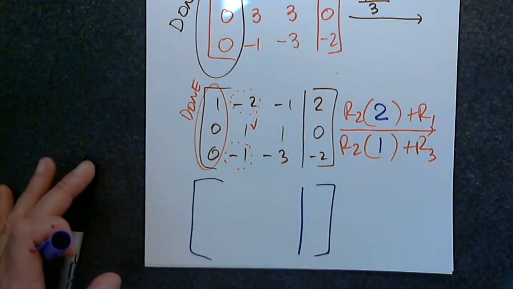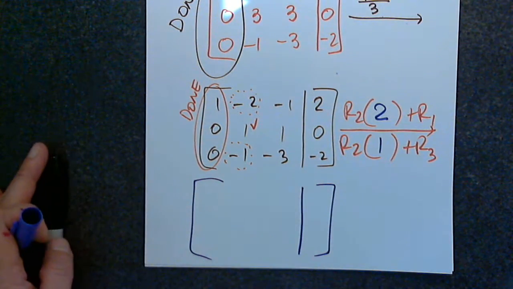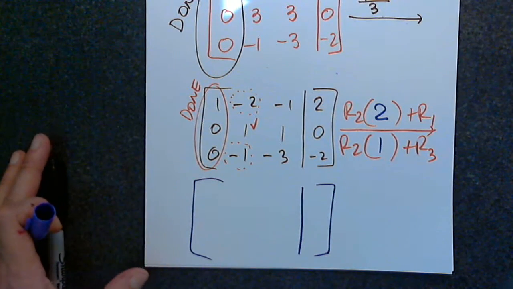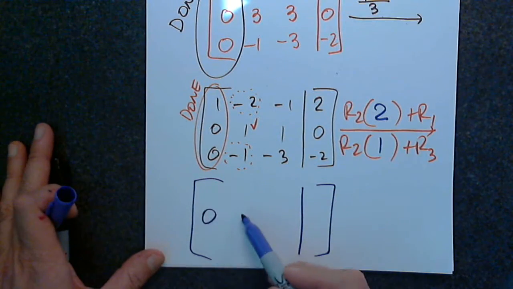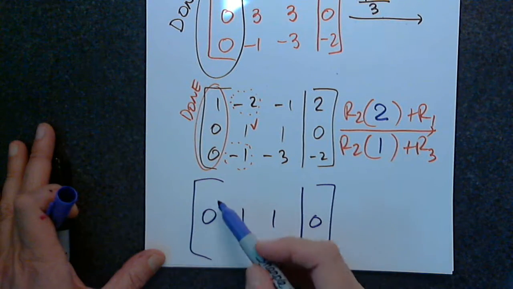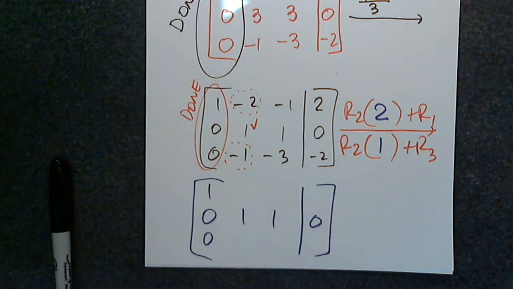Because we are using it and it cannot change at this point. Row 2, the one that we're using. And of course, the first column has to be carved in stone. If I go back and I perform an operation that destroys the first column, I'm going backwards, I'll never solve. So the first column is done. The second row is copied.